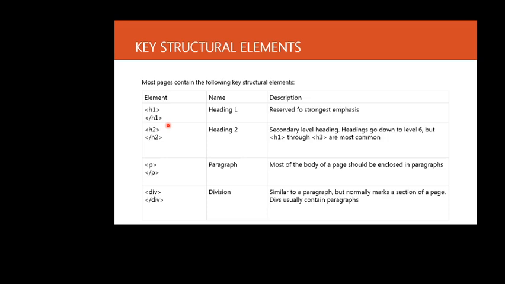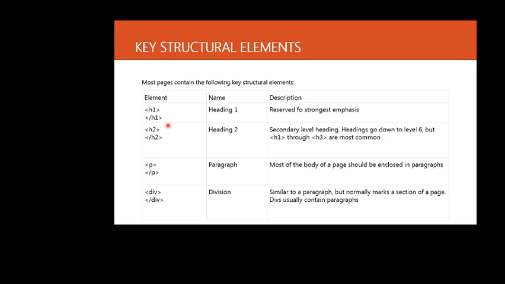So we have the first key structural element, which is heading, which goes from H1 to H6, H1 being the largest and H6 being the smallest. Then we have paragraphs. Generally we use paragraphs because they provide a block level tag, and they can be used to insert new lines into the page. Then we have divisions or the div tag. We'll discuss these tags in detail in the next class.